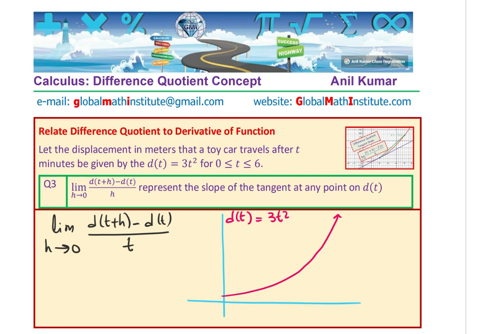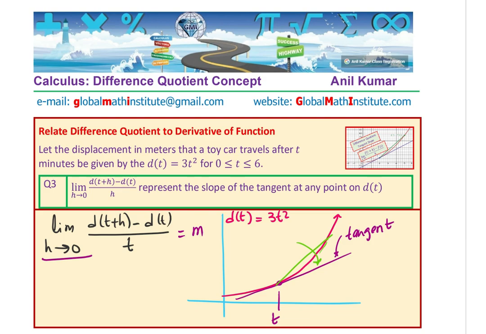In that case, this is the tangent at a particular point t, right? That is the tangent. So we get this as the slope of the tangent when h approaches 0. You get the idea. H approaches 0 means earlier we were working with a secant kind of like this. So as we came closer and closer, this became a tangent. Perfect. That's what it means.